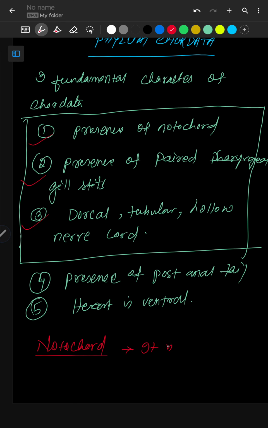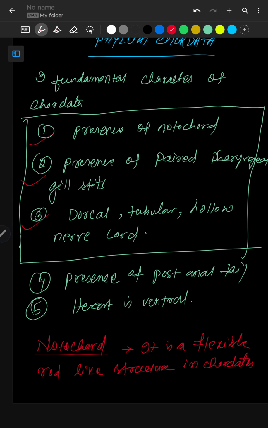It is a flexible rod-like structure in chordates, which provides axial support, as well as helps in embryonic development.